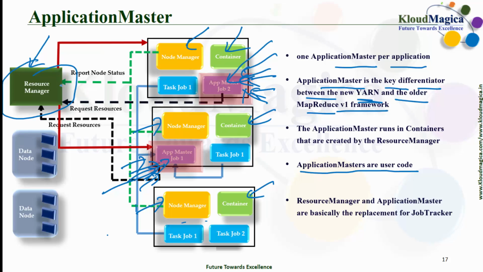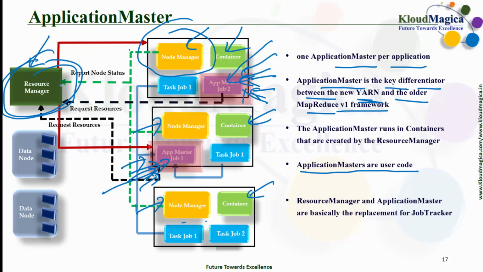Application master takes the responsibility to negotiate the resources from the resource manager and works with the node manager to acquire those resources and execute its task.